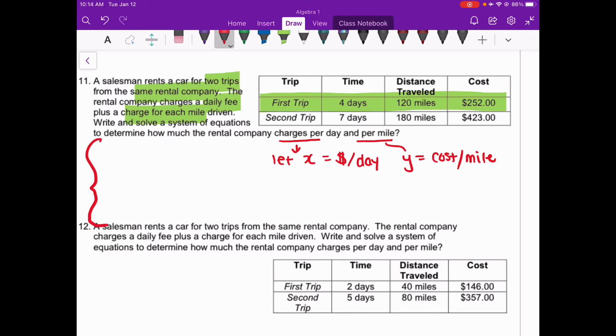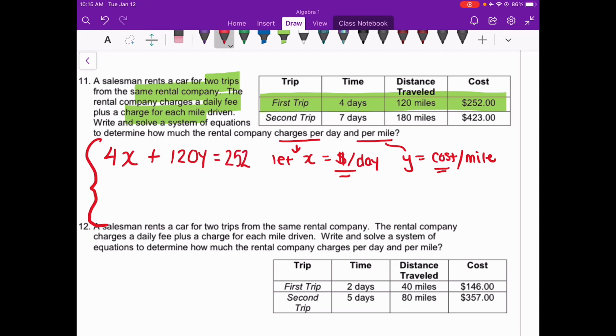The first trip is 4 days, so X is cost per day, and 120 miles. So Y is our cost per mile. So we attach the variable to the number of days. So 4 days times whatever the cost is X, plus 120 miles times whatever the cost is per mile, Y. And that total first trip costs $252.